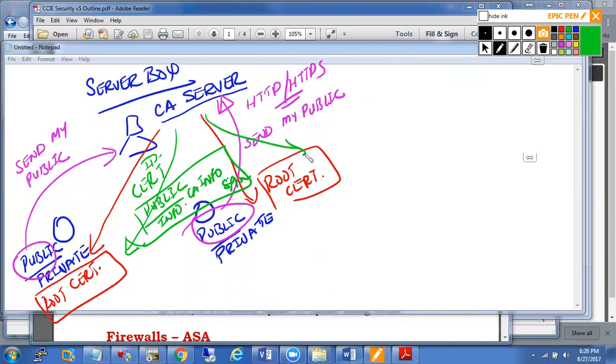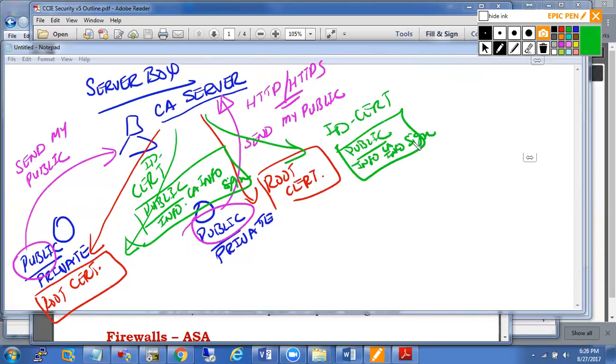And the same thing will happen on this side. He will also get his ID cert, which will contain his public key, his info, the CA info, and a signature.